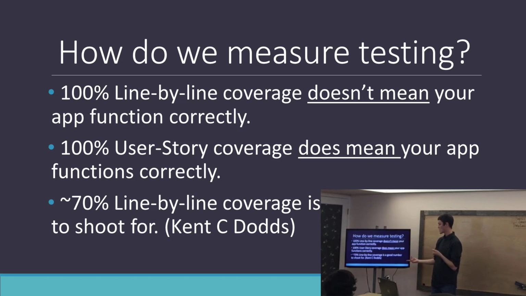Pinchy Dog says that after about 70% line-by-line coverage, you get diminishing returns in your tests. This isn't a pure statistic, there aren't any statistics behind it, you just pull a number out of a hat.